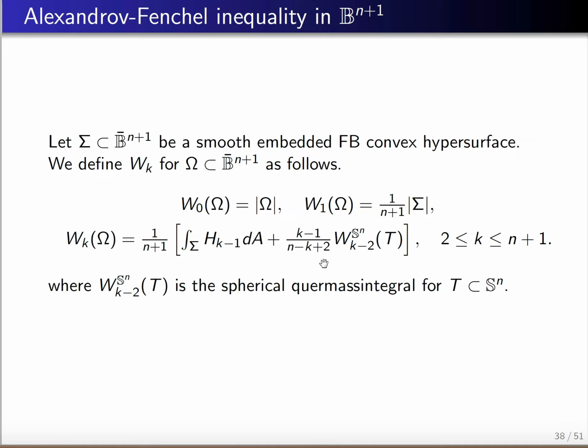So W0 is defined to be the volume of omega, and W1 of omega is defined to be the surface area of sigma.